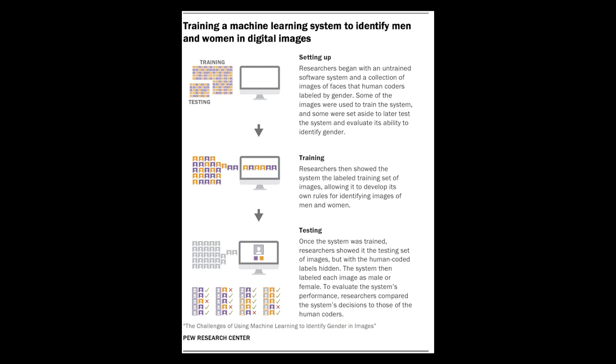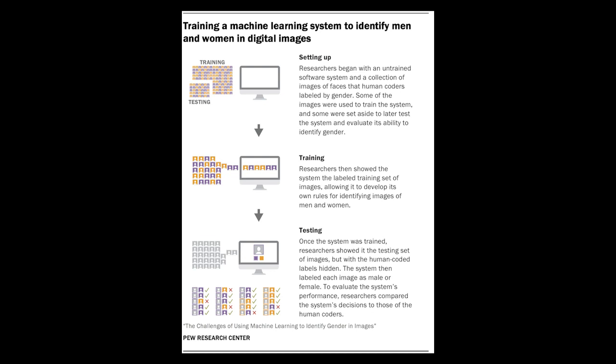While AIs can be taught to identify people's gender, they can only work on the gender binary and classify based on a person's appearance. The data used to train these systems is also very important.